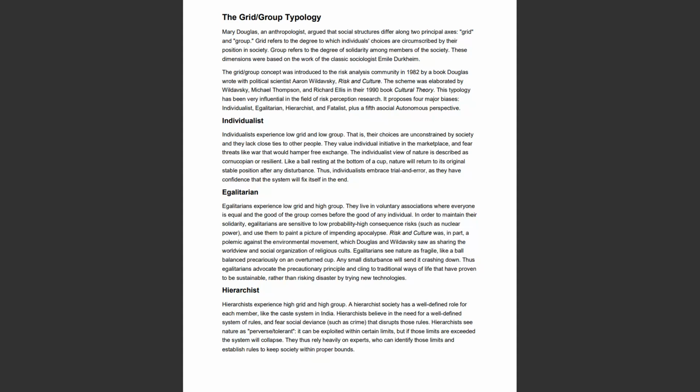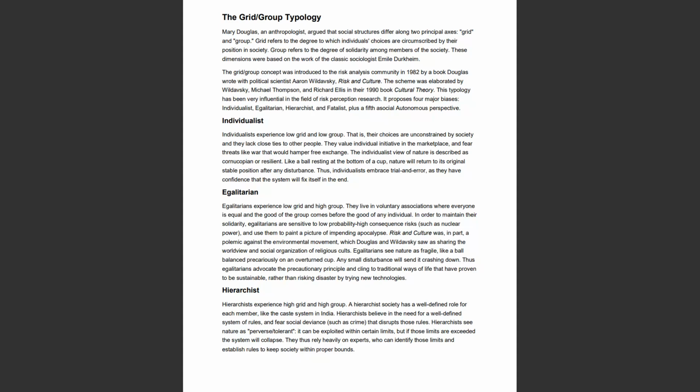That's the egalitarian. And then the hierarchist experiences high grid and high group. So they see the society as being important, a lot of solidarity, and they have a particular position in the society that should influence what they do. That's the hierarchist. So this is just a really brief overview.